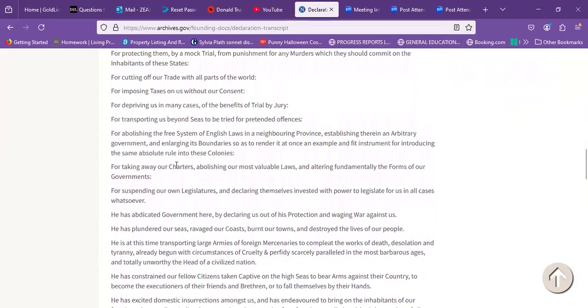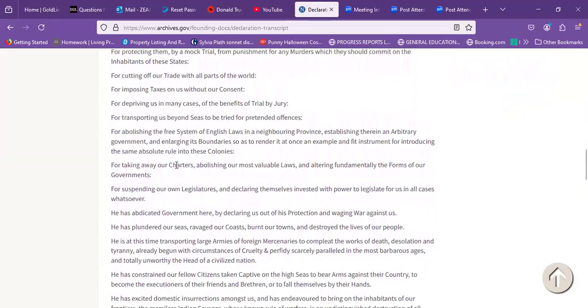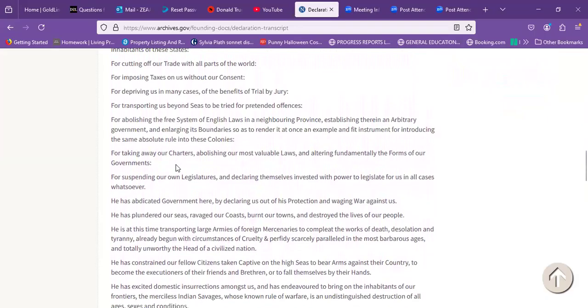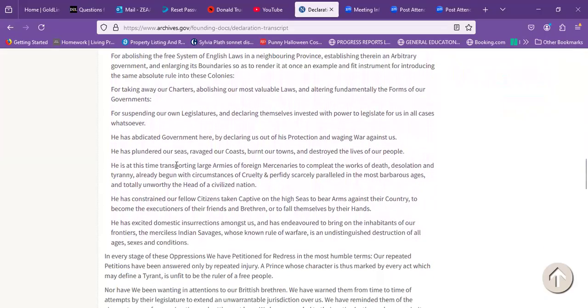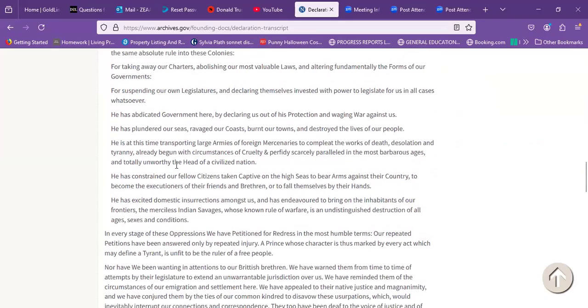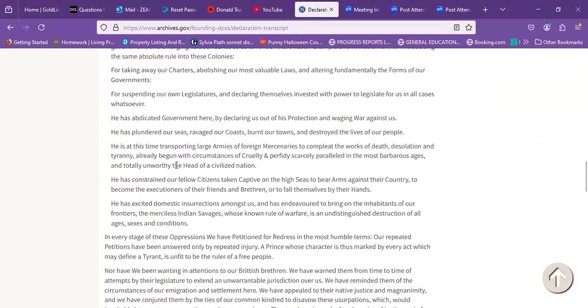Cutting off our trade. There's something else: imposing taxes, depriving, abolishing. Again, all of these verbs, abdicated, all of these suggest negative actions on the part of the king. Look down under, he has abdicated government here by declaring us out of his protection.